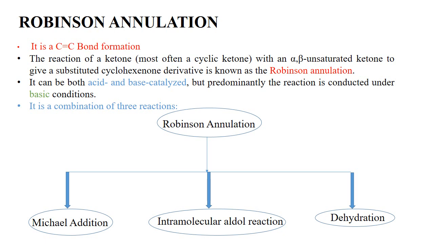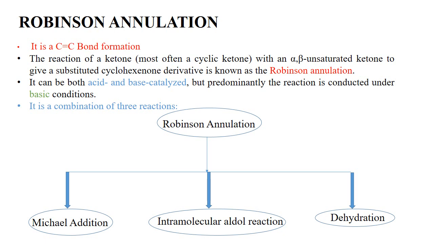Robinson annulation reaction. Robinson annulation reaction is a carbon-carbon double bond formation reaction. The reaction of a ketone, which most often is a cyclic ketone, with an alpha-beta unsaturated ketone to give a substituted cyclohexanone derivative is known as Robinson annulation reaction.